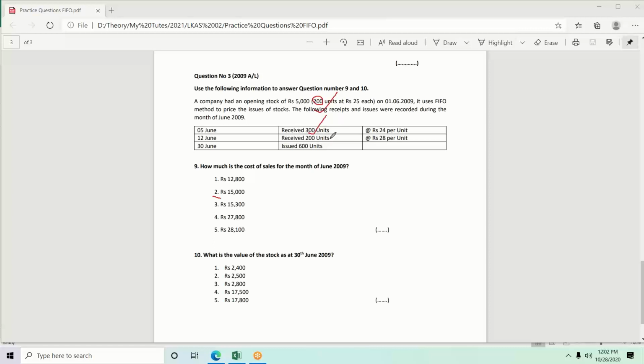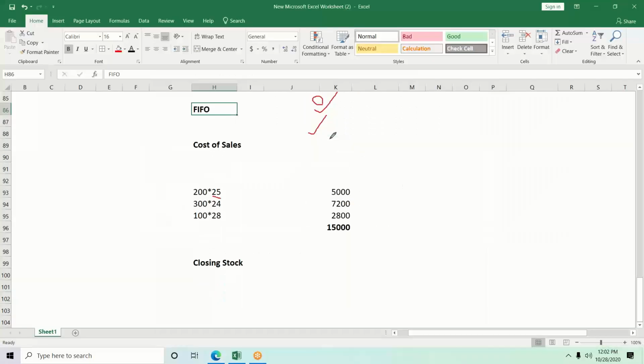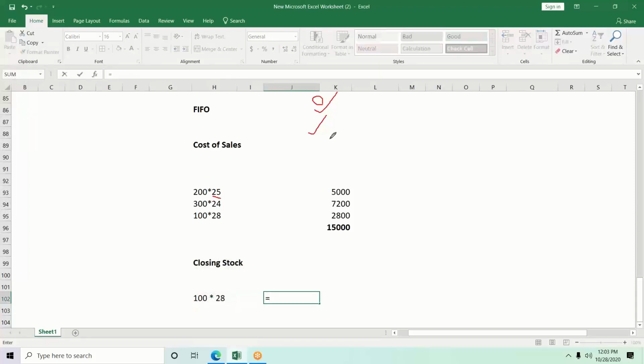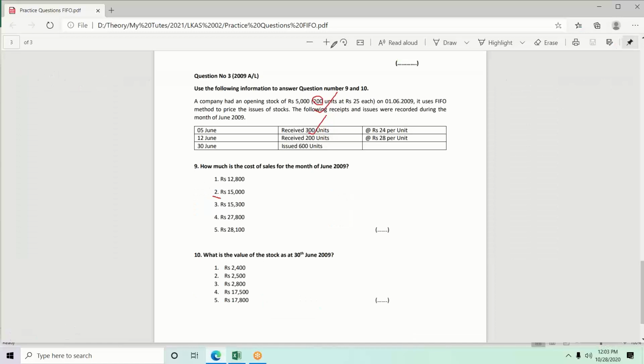So your closing stock consists only of 100 units. Those 100 units were purchased at 28 each, the most recent purchase. 100 into 28, then your closing stock is 2,800. The third one is your correct answer.